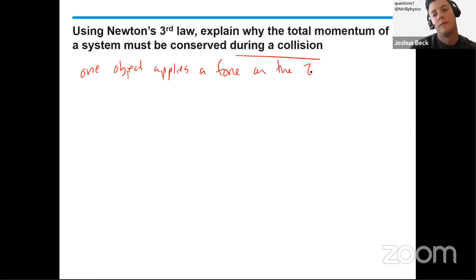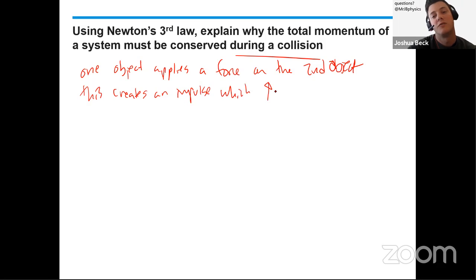On the second object. Okay, so this is where we start. One object applies a force onto the second object. What does this create? This creates an impulse, which increases the momentum of our second object.